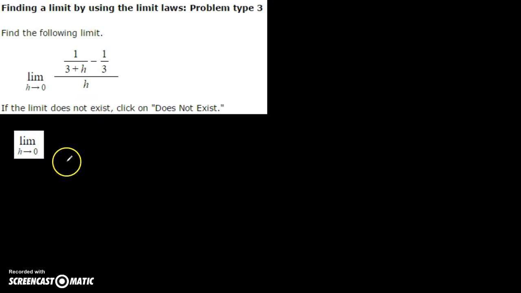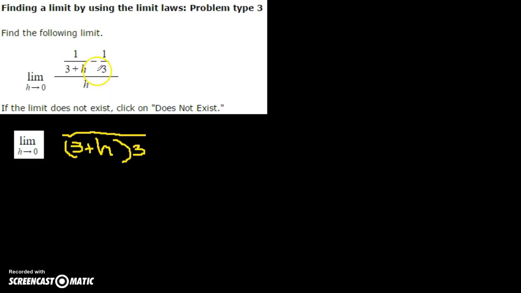And my numerator, I'm going to combine them. I'll get 3 plus h. Okay, let me do that again. This will be 3 plus h multiplied by 3.